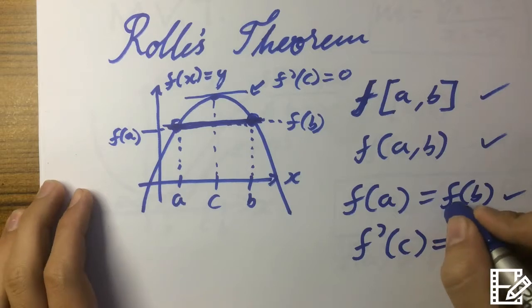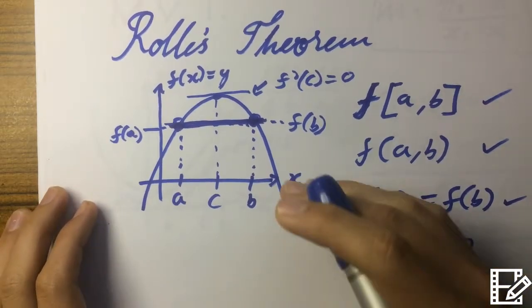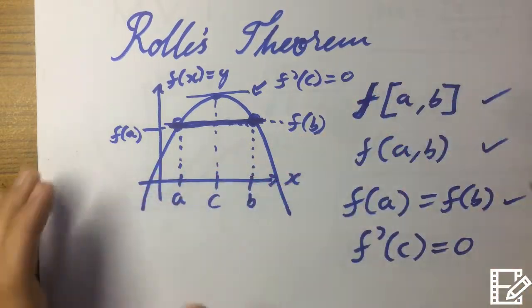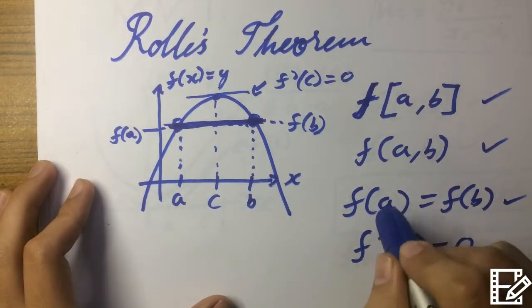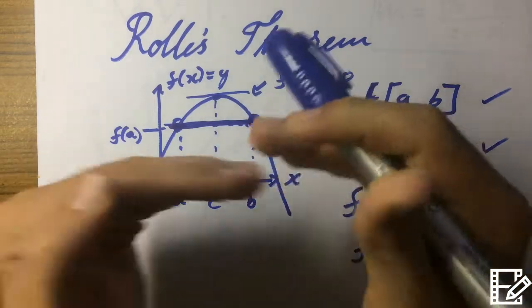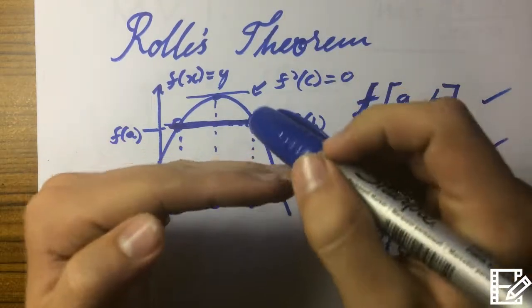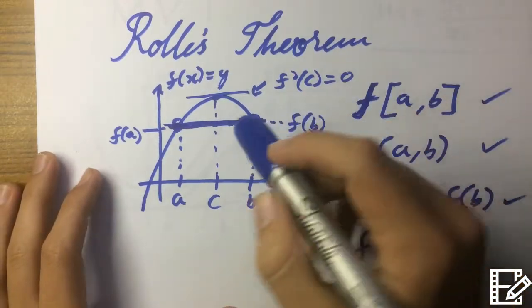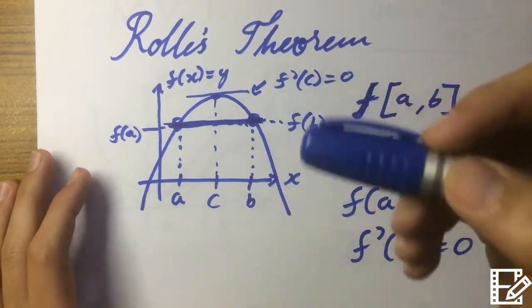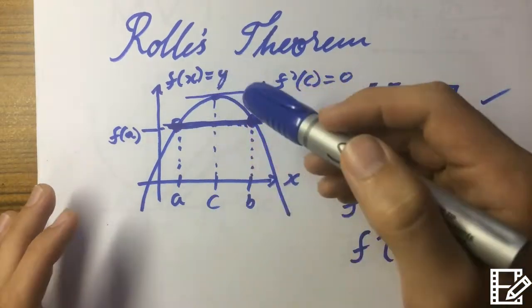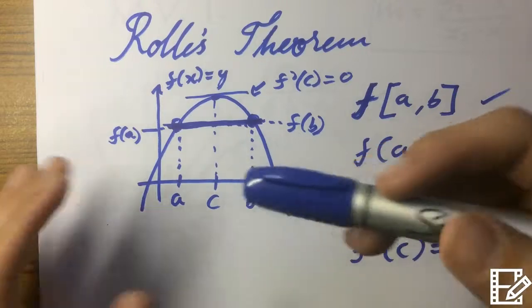And the reason that ticks there is because with the mean value theorem, you don't want it to be 0. Rolle's theorem is 0. So if it ticks the box of f of a equals f of b, then it's flat. And what you are trying to do in both Rolle's theorem and the mean value theorem is find the point at which the tangent line is parallel to the secant line.